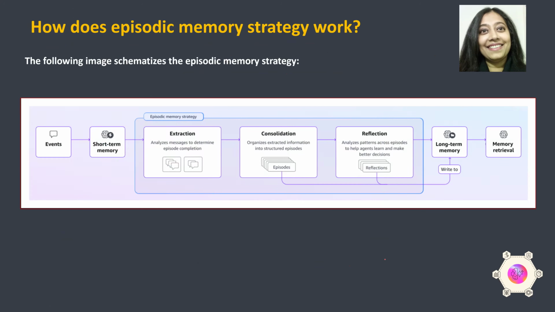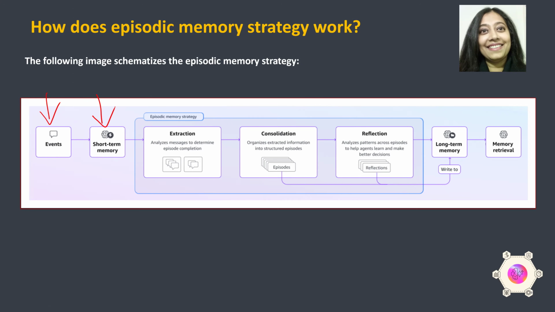Now, let us look at how the episodic memory strategy works. You can see there's a simple diagram here. We have events, and these events are stored in your short-term memory. You already know that. We've done multiple labs, and all the memory labs have short-term memory in them. Every time you send a prompt, it creates an event and stores it in the short-term memory.